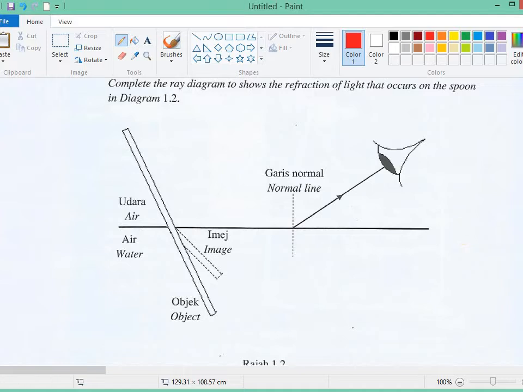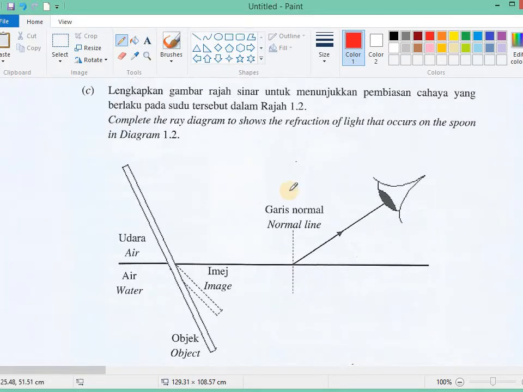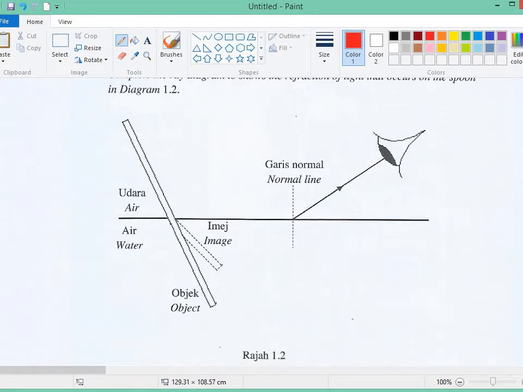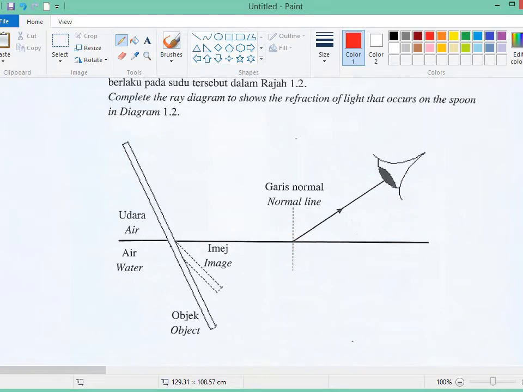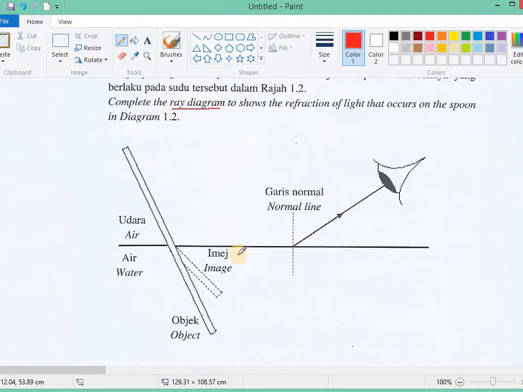Alright. So next. Complete the ray diagram to show the refraction of light that occurs on the spoon in diagram 1.2. Here we need to draw a ray diagram. You see this is the object. The light comes from the object and goes out from the water.